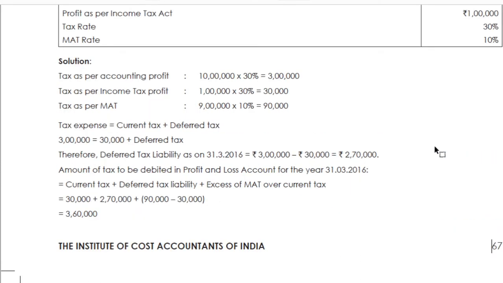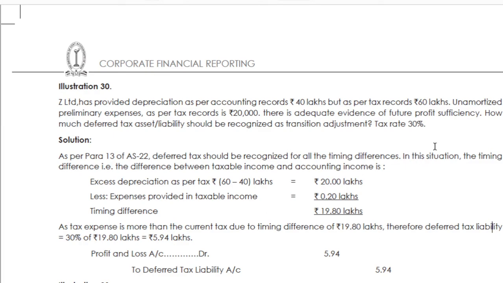The same thing is given in our material actually. Same answer is given. Next question.